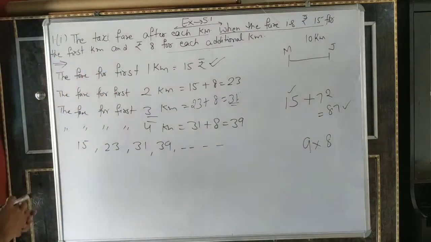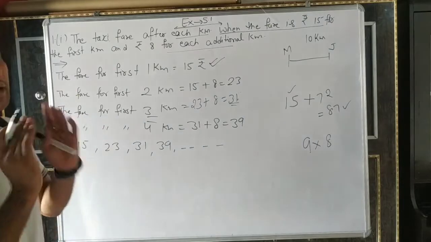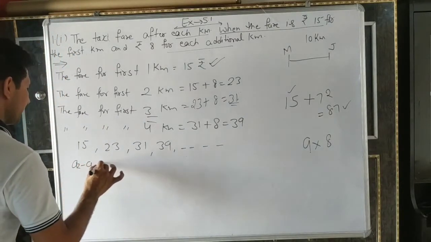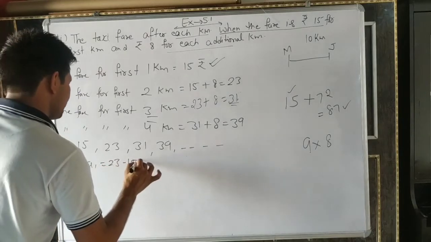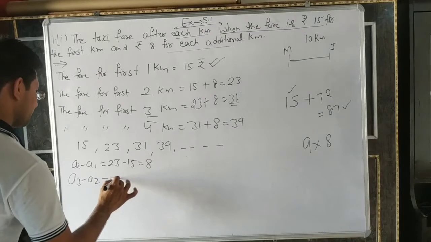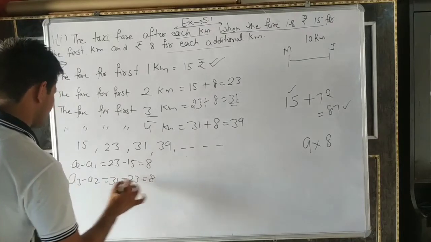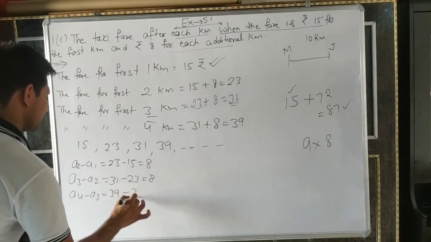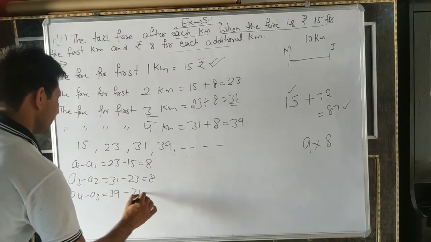If you want to check whether it is an AP or not, what do we do? We find the common difference. A2 minus A1, 23 minus 15, 8. A3 minus A2, 31 minus 23, 8. And A4 minus A3, 39 minus 31. How much? It is also 8.